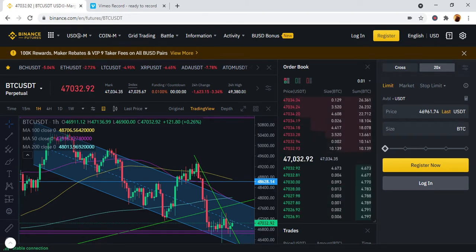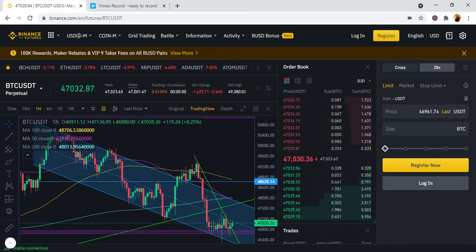So if you're opening a trade with a margin of $20, the trade is just costing you $20 to open. So you'll be risking that $20 altogether if the trade should hit your liquidation price.